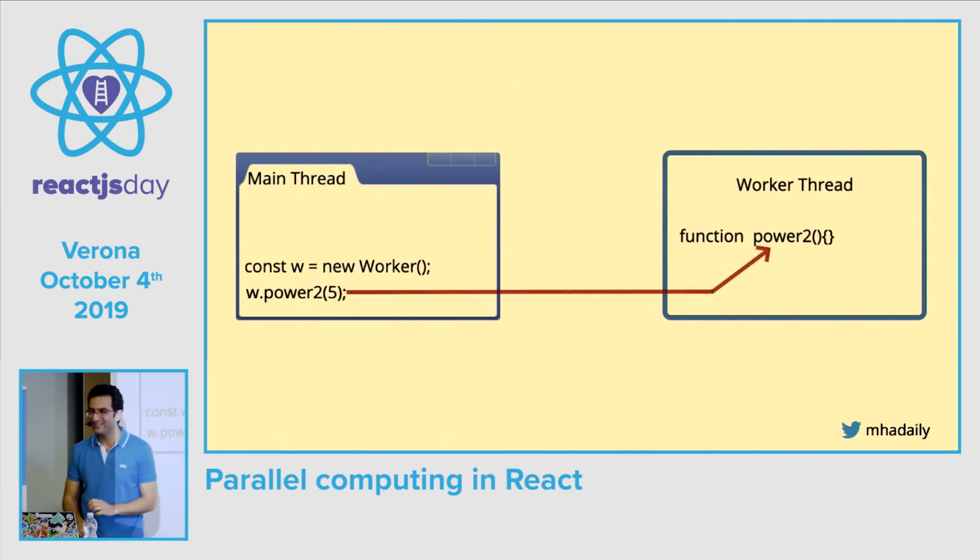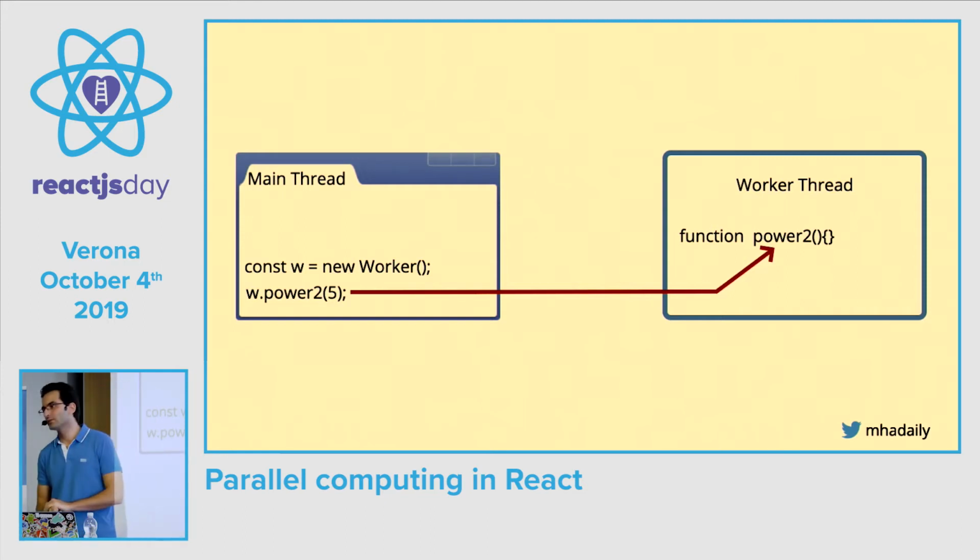That's the reason many of us don't use web workers. It's very powerful, but isn't it better if I can get access directly from the main thread to this function which I define in the web worker?